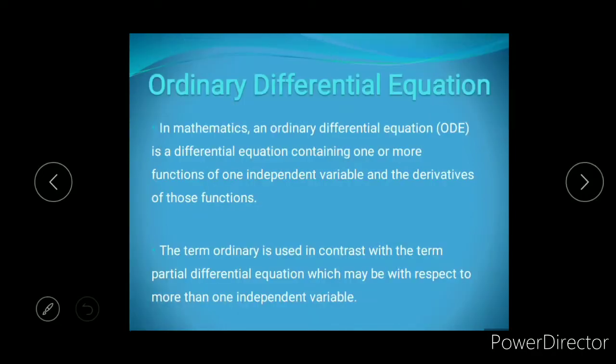Now, in mathematics, an ordinary differential equation or ODE is a differential equation containing one or more functions of one independent variable and the derivatives of those functions. So from here what you have to remember is that it is used for one independent variable.